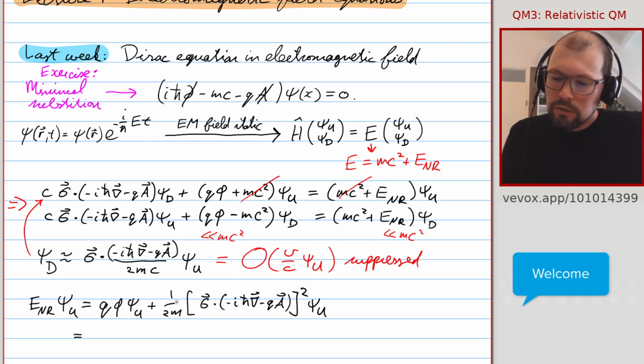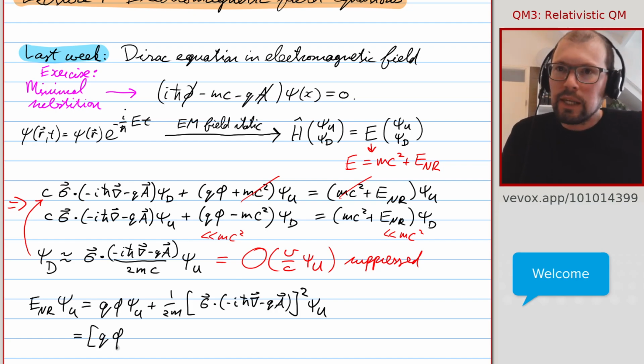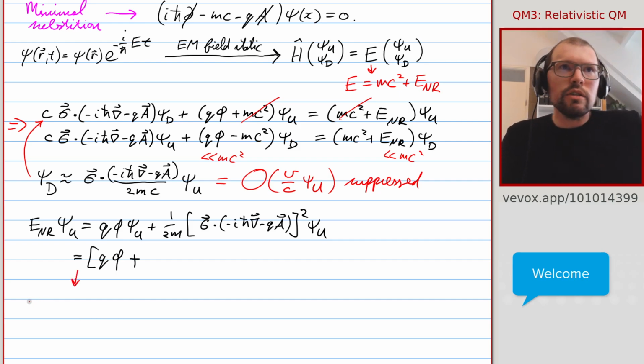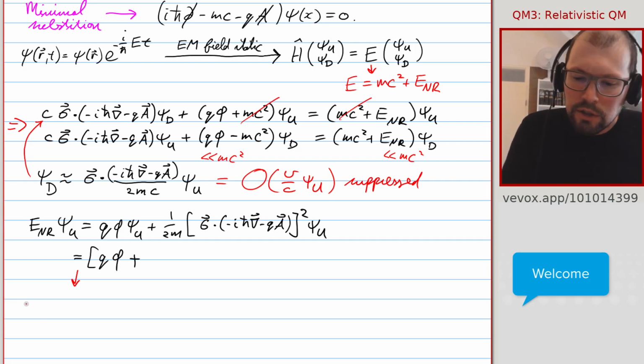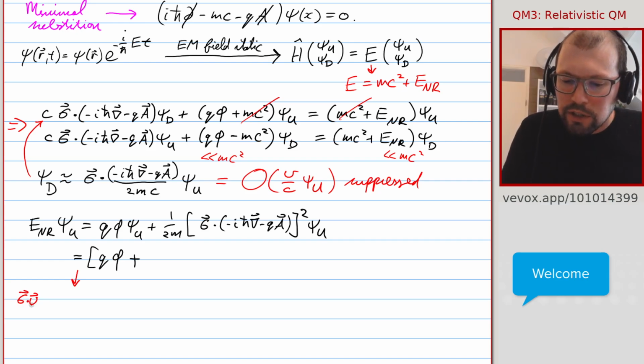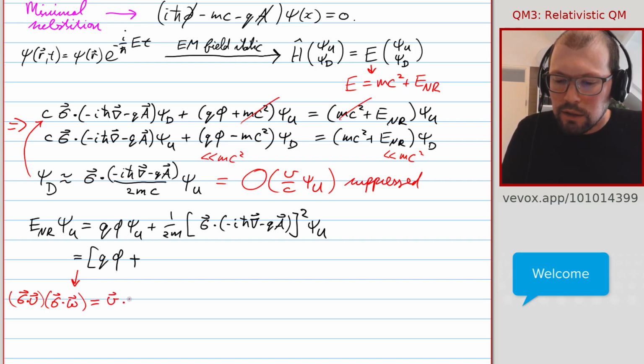So let's work out what the square of this operator really is. And what can we use there? Well, we can use this nice identity that you can find in the appendix of the lecture notes, that if you have a Pauli matrix inner product with a vector times a Pauli matrix inner product with another vector, then we can expand it like this.